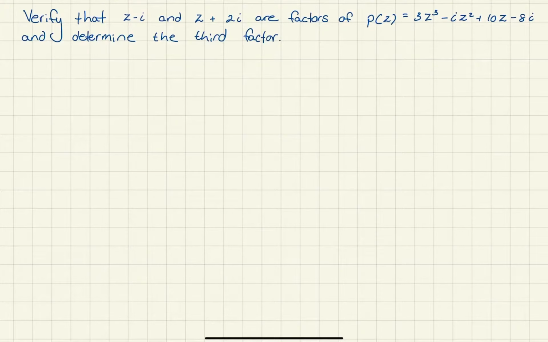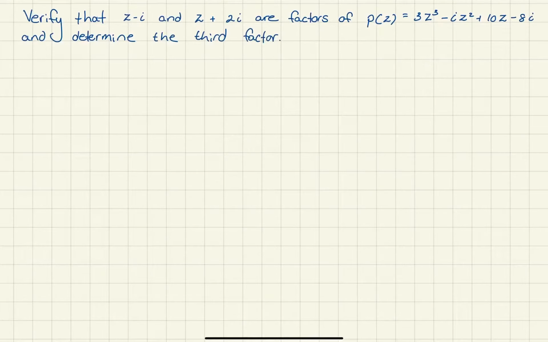The question states, verify that z minus i and z plus 2i are factors of p of z, which is equal to 3z cubed minus iz squared plus 10z minus 8i, and determine the third factor. Okay, so two parts again: verify that those are factors and then determine the third factor.